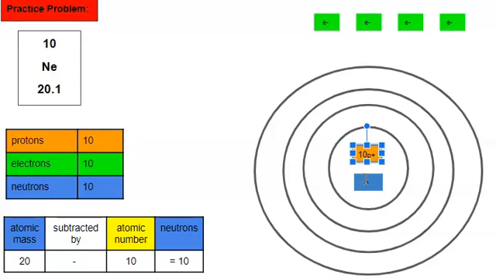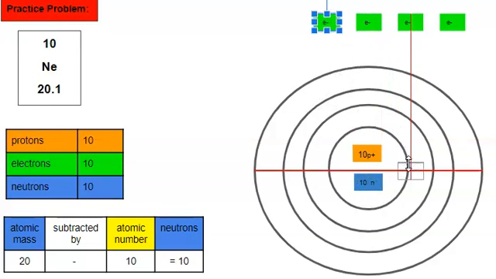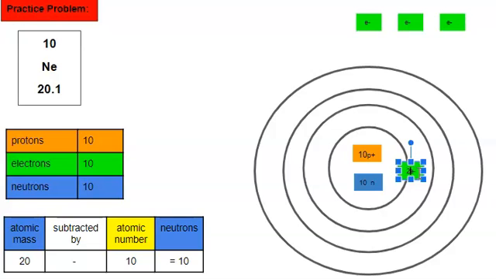And then we have 10 neutrons. And bring our electrons down. We know the first energy level will fill at 2. And that leaves us with 8 left. So we know that fills with 8 electrons.